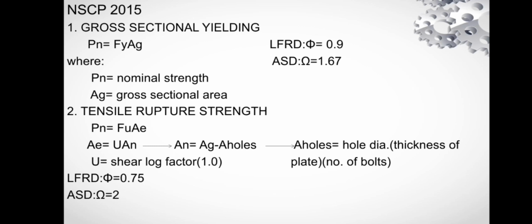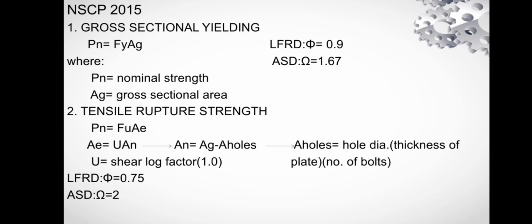Next is the tensile rupture strength. Nominal strength is equal to Fu Ae. In finding Ae, it is equal to U times the net area, where U is the shear lag factor or 1.0. To find the net area, it is equal to the gross sectional area minus the area of the holes.